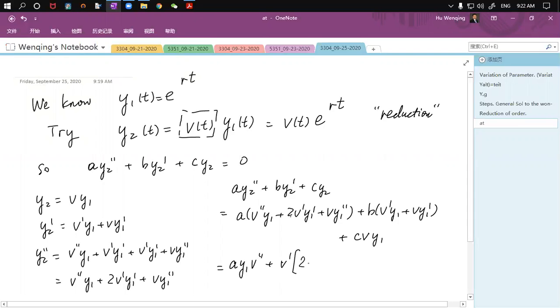And then v is going to be replaced by a y1 double prime plus b y1 prime plus c y1. So that's going to be your situation in terms of v prime.